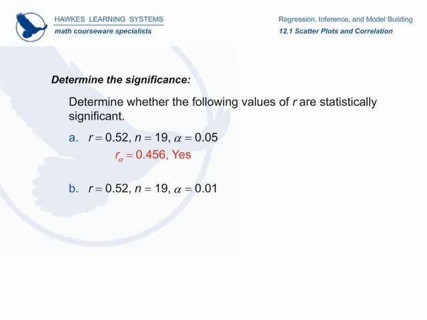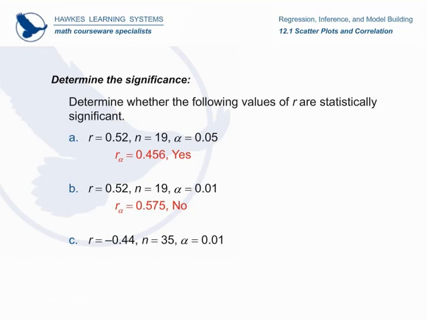In our next example, r equals 0.52, n equals 19, but alpha, our level of significance, equals 1%, or 0.01. R sub alpha equals 0.575. So no, our correlation coefficient is not statistically significant.